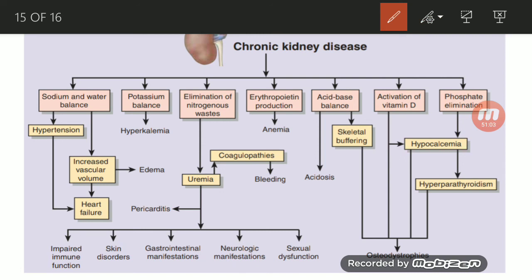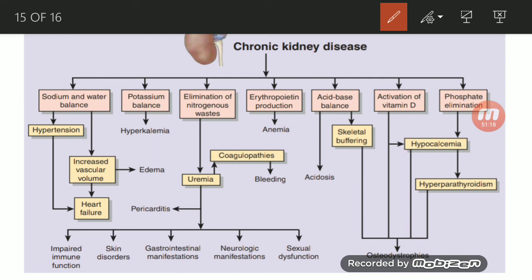So your entire buffer system of your body is hampered, due to which skeletal buffering occurs.